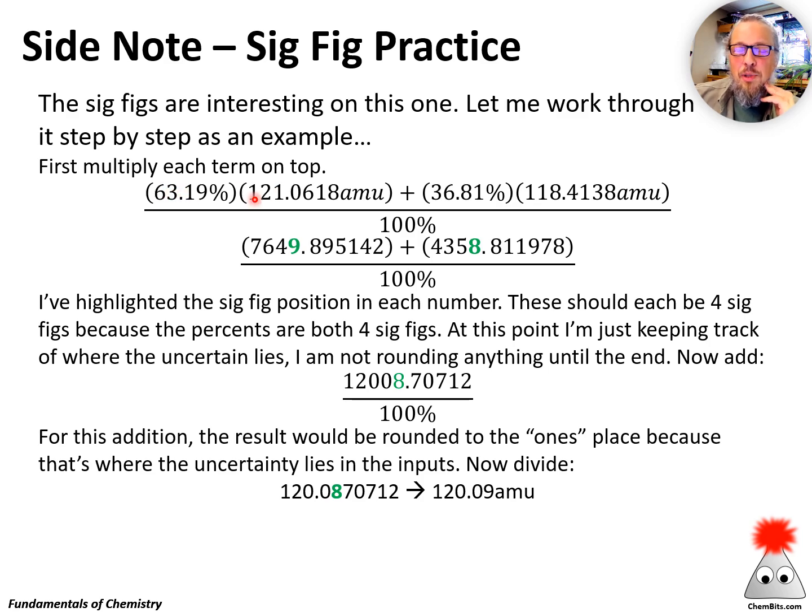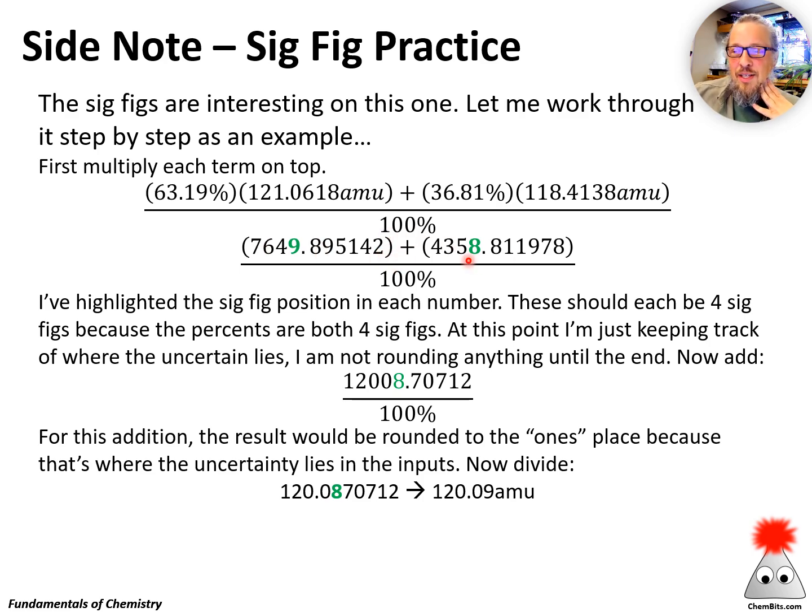So multiplying those, my result should have the same number of sig figs as the smaller sig fig number. So I should have rounded it there if I were reporting this number. Same thing over here, 4 sig figs. I would round it there if I were reporting this number, but I'm not. So let's keep those big, ugly, full calculator numbers in there.